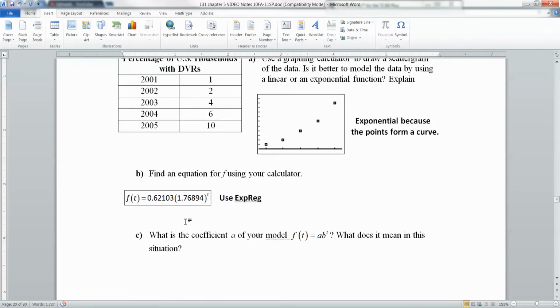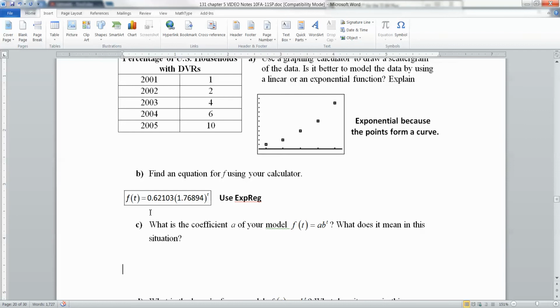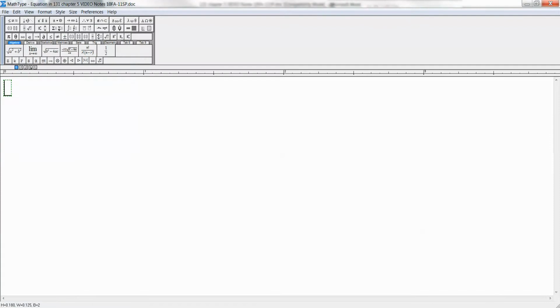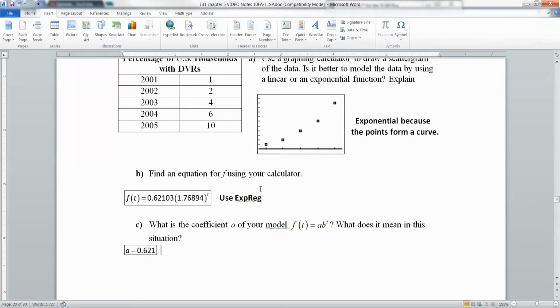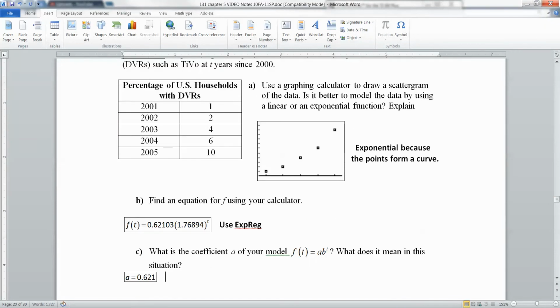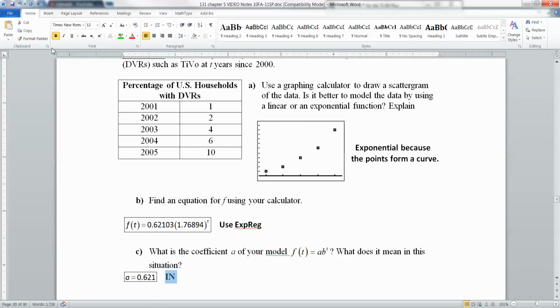All right, now what was the coefficient of our model and what does it mean? So that would be a is equal to 0.62103. Right, 621. Let's simplify our lives a little bit. All right, so it was 0.621. Now what does it mean? It means that in the starting year, which was 2000, right? 2000 was the starter year.